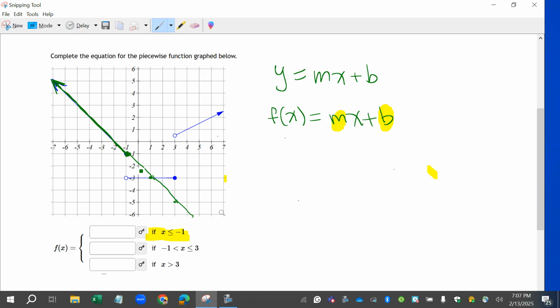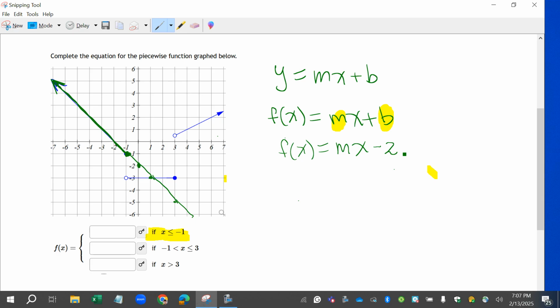Okay, and so I can see it looks like the graph is crossing the y-axis at -2. So I could say f of x is equal to some slope times x plus a -2, or an easier way to write that more simply, mx minus 2. Right, so I've got the y-intercept written down.